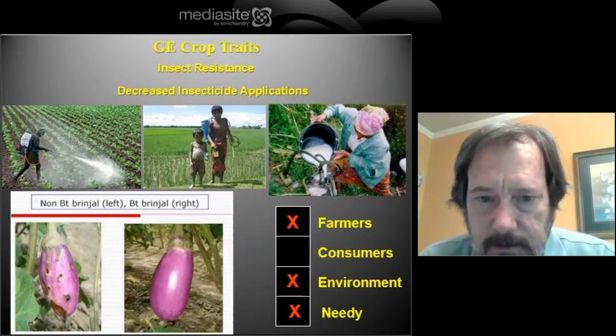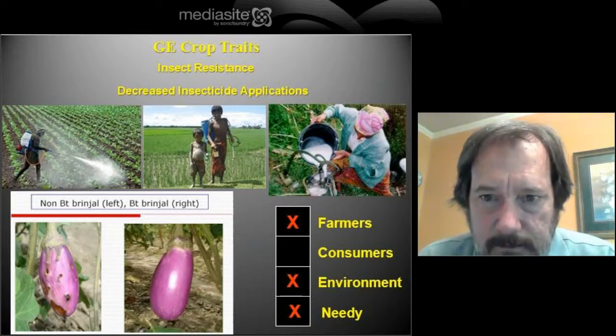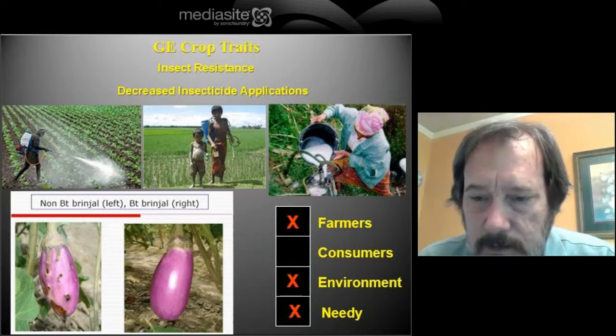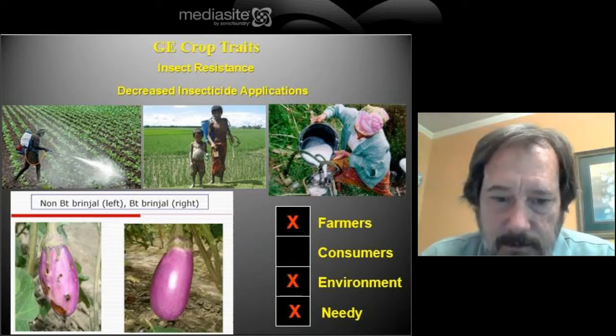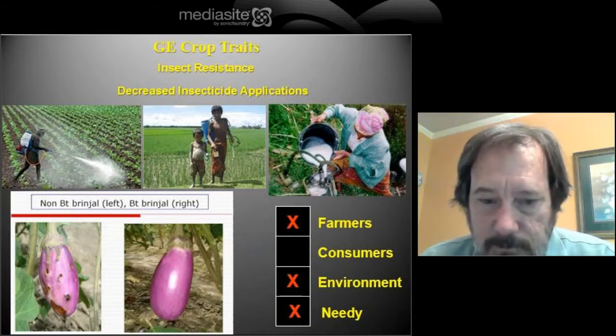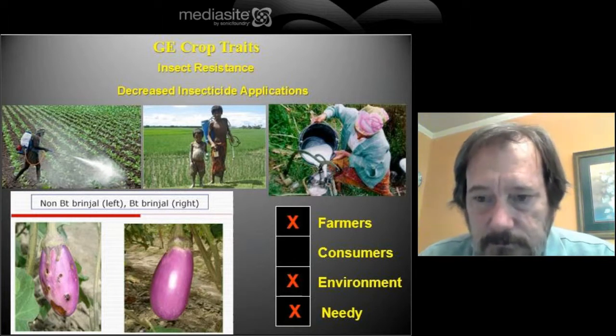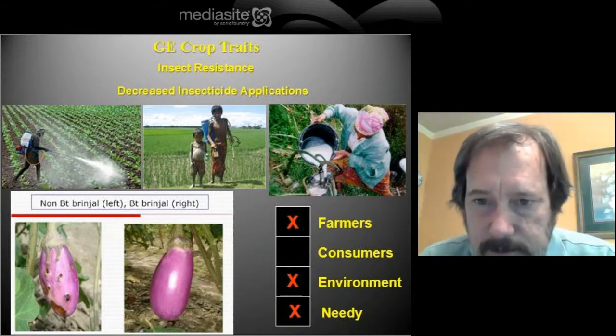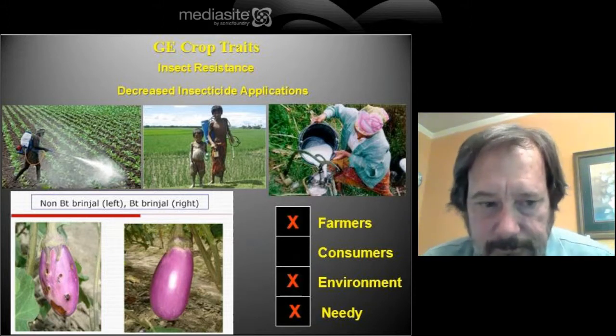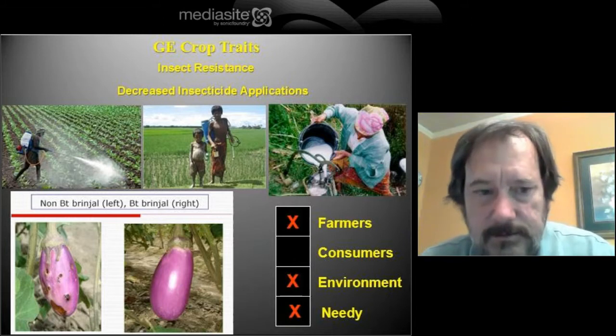And eggplant is what brinjal is, and it requires a lot of insecticide sprays to prevent what you see on the bottom left from insect damage. So certainly here they've reduced the amount of insecticide sprays, and that is a benefit to the farmers, the environment, in this case to the needy, because it's an important crop in some developing countries.